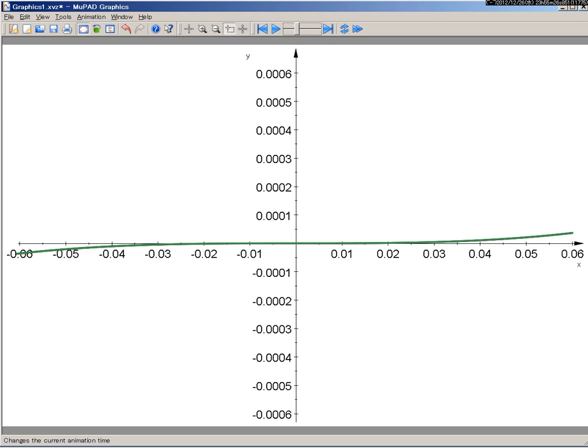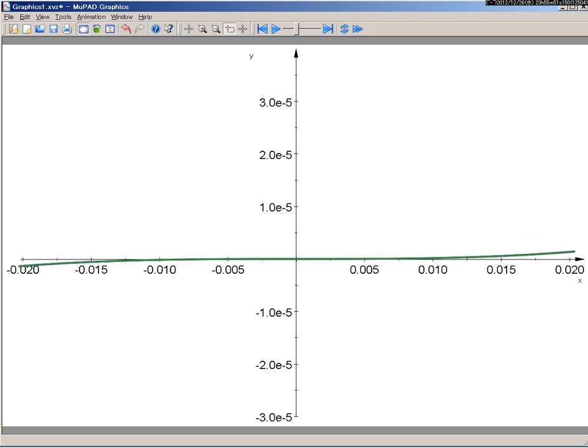Now as you see, both graphs look very identical around x = 0. And once they look identical, even if you magnify more, they look identical.